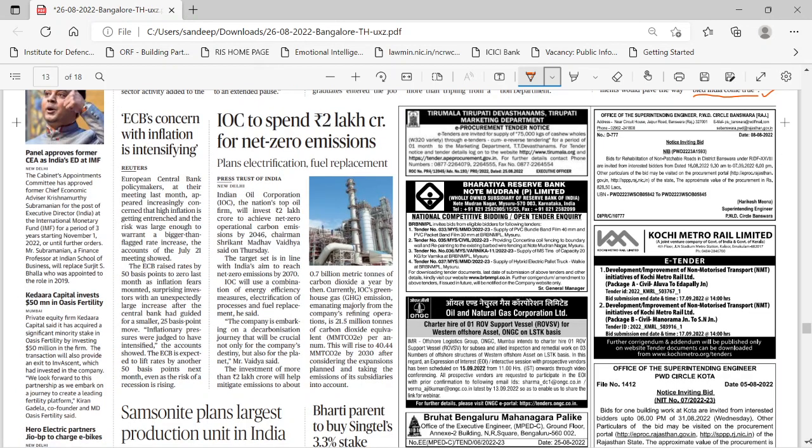IOC to spend 2 lakh crore for net zero emission. Guys, Indian Oil Corporation is involved in extraction of oil and natural gas. And remember, whenever you extract oil and natural gas, you will use a lot of electricity.